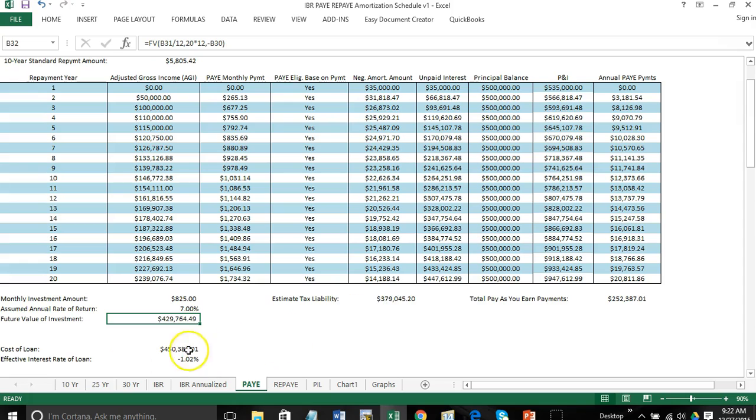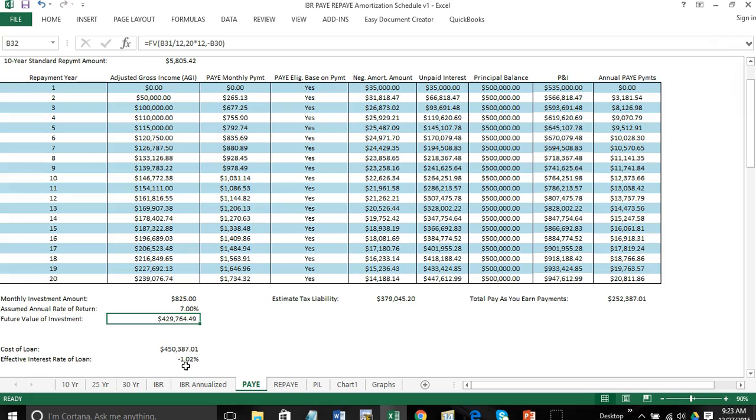And as a result, the cost of your loan would be the combination of what you paid on an annual basis, given your income, $252, plus what you invested, $825 per month. You actually have a negative effective interest rate of 1%.